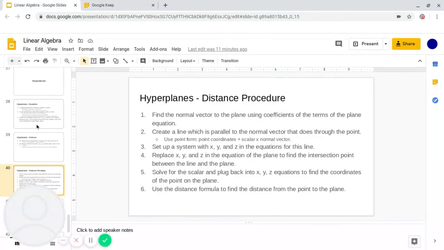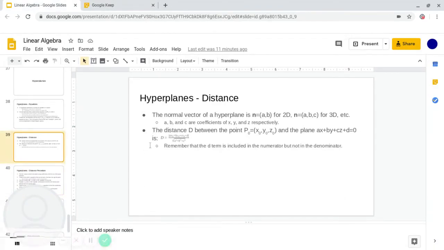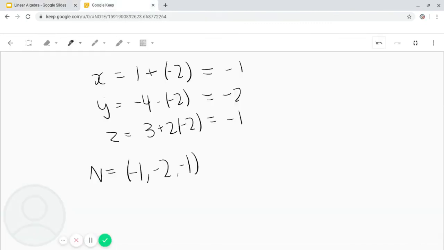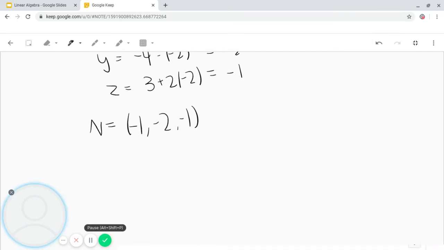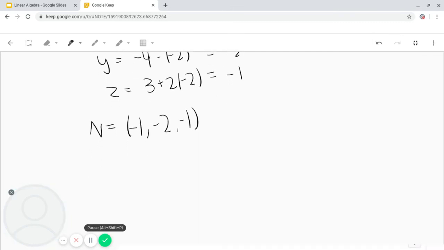So then once we have that, we can simply put it into our equation here and find the distance. In fact, since we know our 2 points, all we have to do is find the difference between the 2 points.